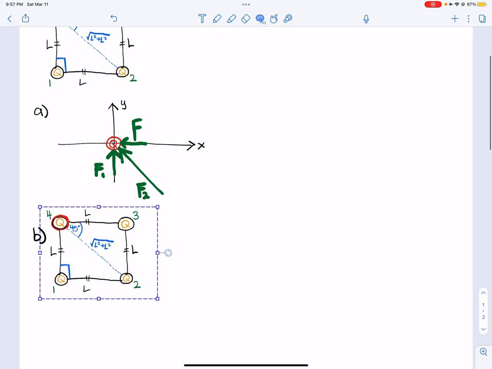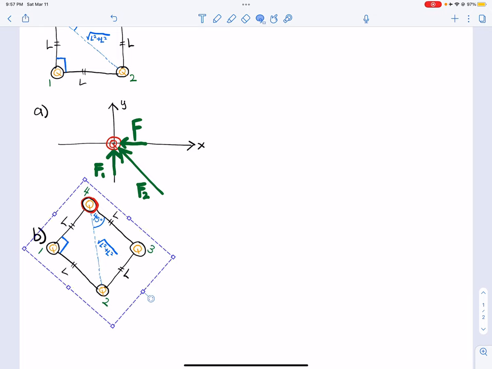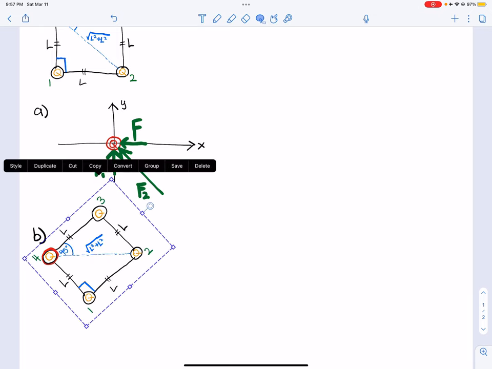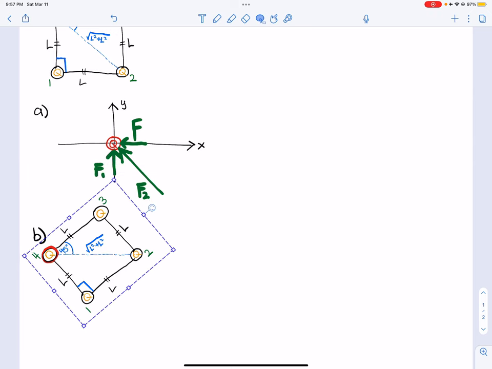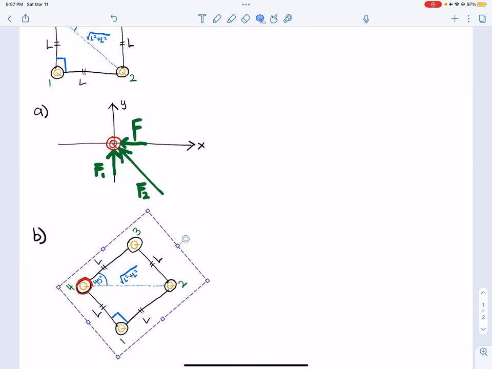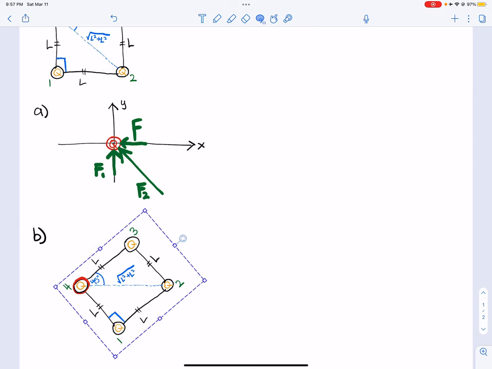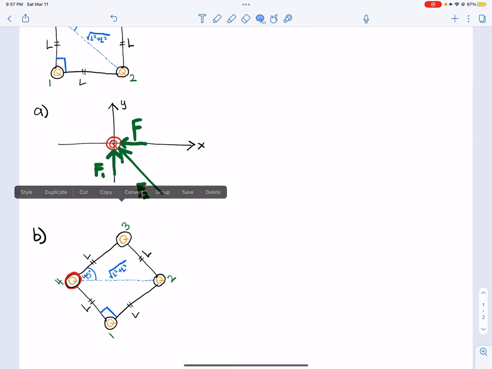But I am going to rotate it. I will rotate it this way. Okay. And the reason I rotated it was so that I could cancel out some of my forces.